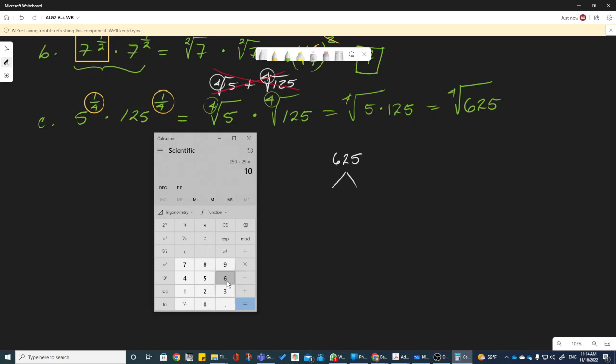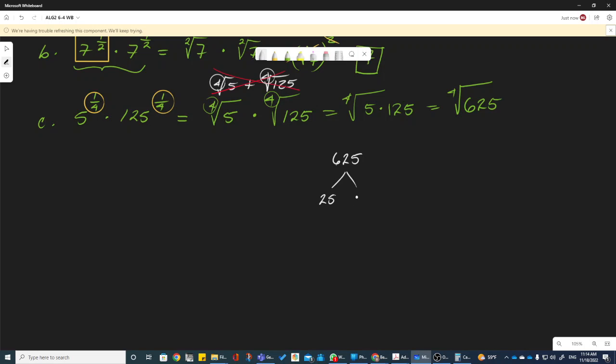If we factor that, 625 divided by 25, I'm gonna get 25 times 25. So 25 times 25 is equal to 625. And when you factor these two, this is equal to 5 times 5, and then 5 times 5.